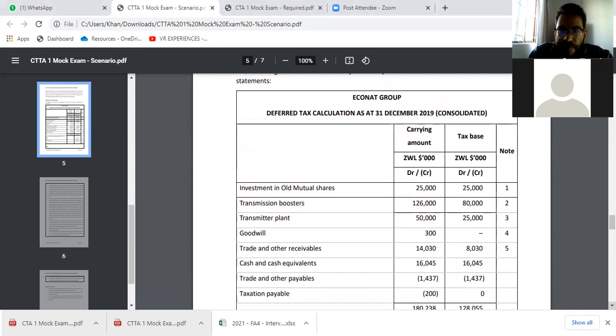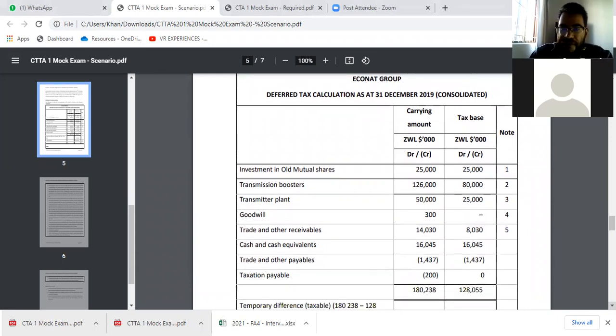Econ group deferred tax calculation as at 31 December 2019 consolidated. We have carrying amount, tax base, and then the various things. A debit is positive, a credit is negative.